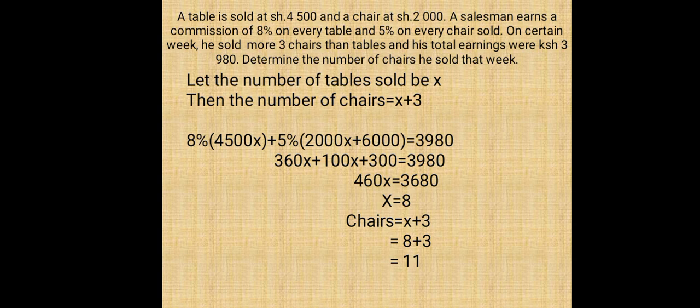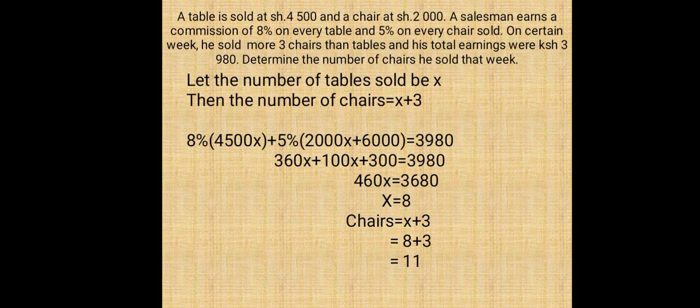Now, the commission on tables will be 8% of 4,500x, plus the commission on chairs will be 5% of 2,000 times x plus 3, and the total commission we have been given is 39,800.